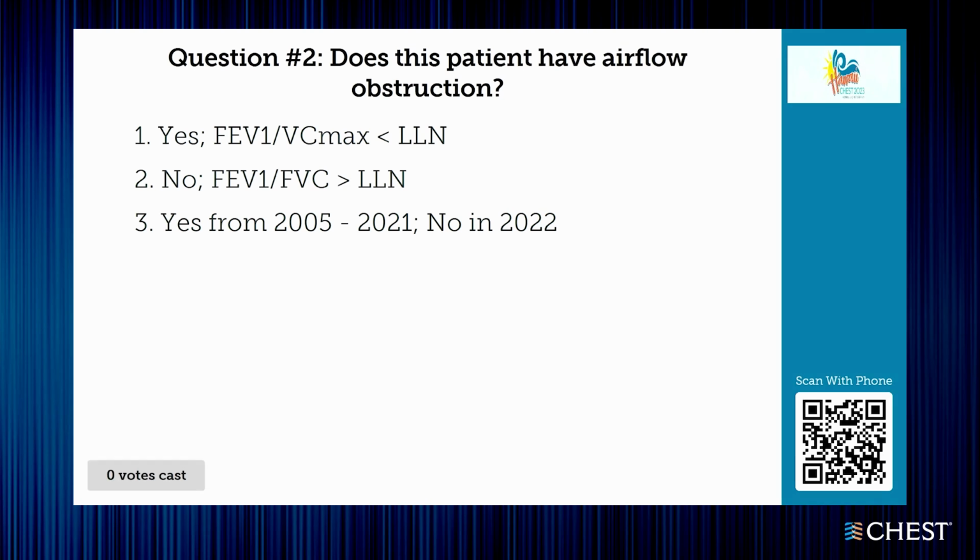Well, yes, the FEV1 divided by VC max is less than, I guess we should put in quotes, the lower limit of normal, since we really don't have reference values for FEV1 over VC max. No, because the FEV1 over FVC is greater than the lower limit of normal. And, well, it would have been yes from 2005 to 2021, but no in 2022.